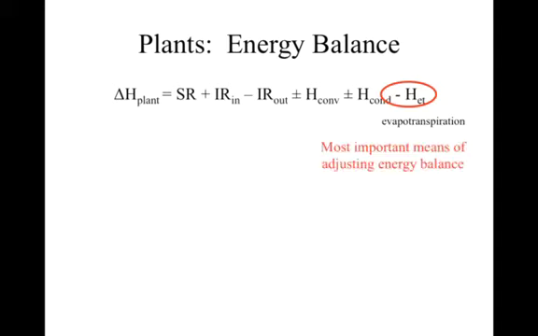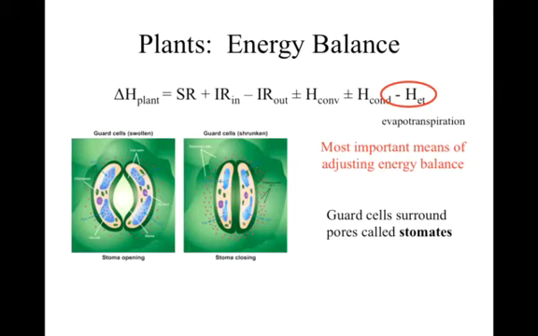All right. Now for plants, the most important means of adjusting their energy balance is to change their rate of evapotranspiration. How do they do that? Well, if you remember back to courses in plants, they have these little things called stoma, with guard cells surrounding the little holes, the stomates. If they want to increase evapotranspiration, they can open up the stoma and allow more water to escape, and as the water escapes, it goes from liquid to gas.